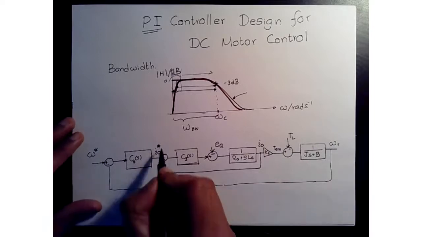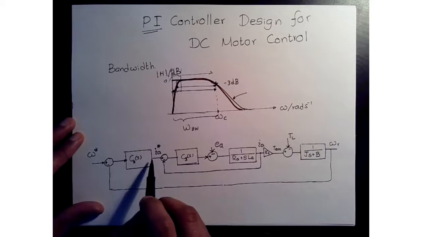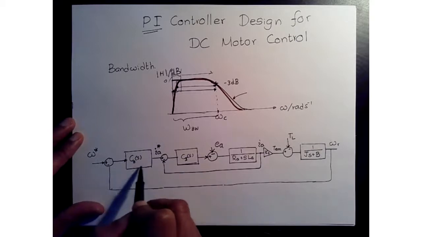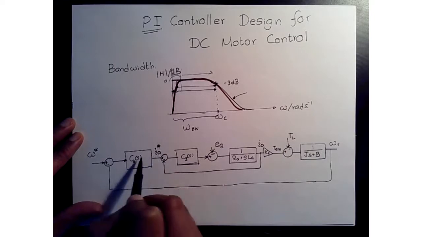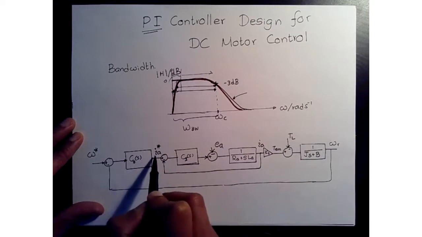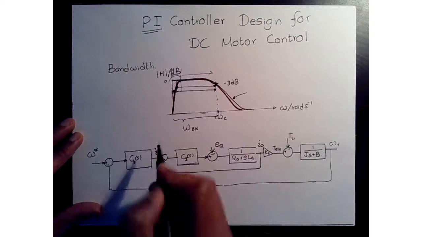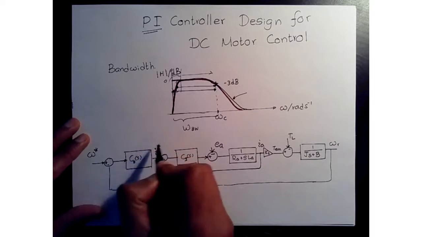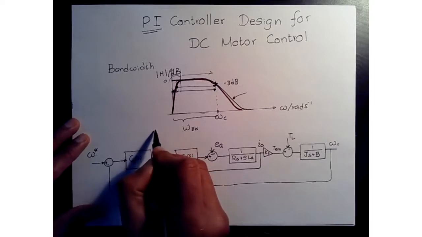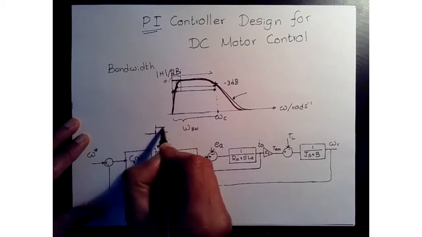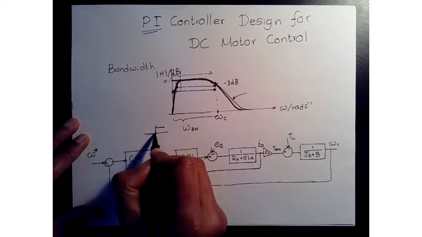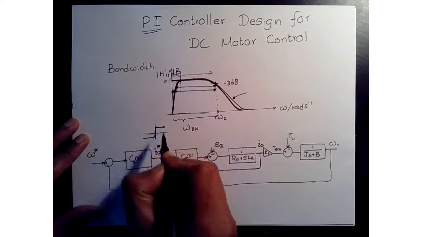The second thing is rate limitation. Since the speed controller is setting the current reference, we need to set some kind of a rate limit or a maximum current reference. So you can use some of these saturation blocks. I don't know if you have seen this, but there are saturation blocks in MATLAB.